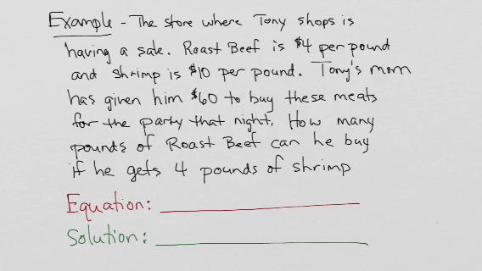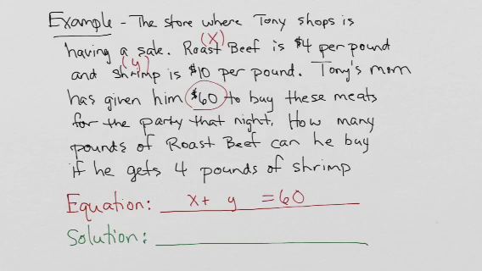First part is let's take the original information and make ourselves an equation. So again, he can't go over $60, so there's our total. So we want it to equal 60. All right, now we're going to be putting together x's and y's. So let's call x roast beef, and then y we'll call shrimp.